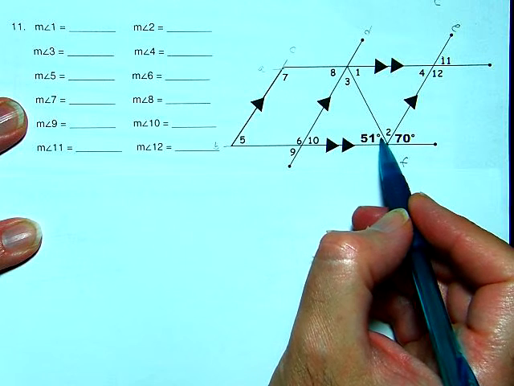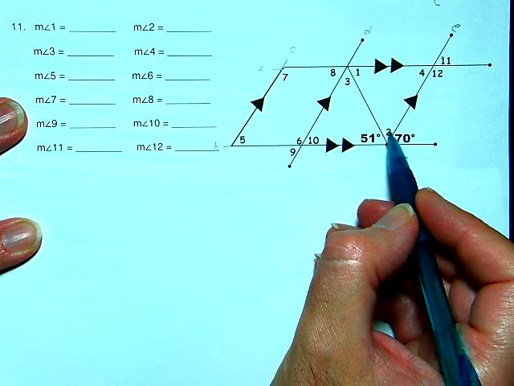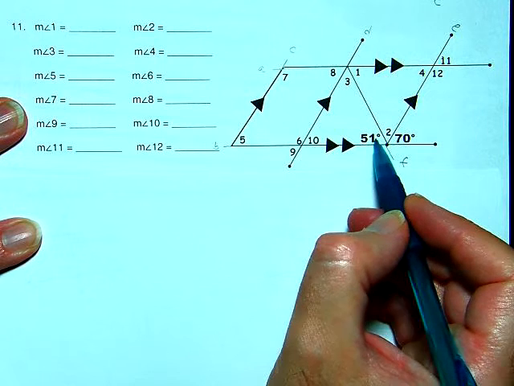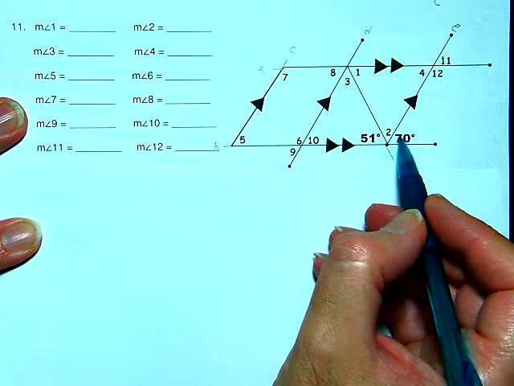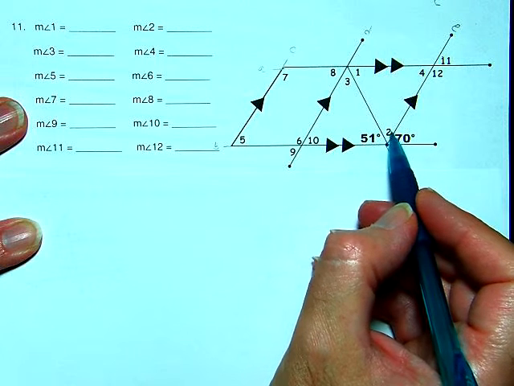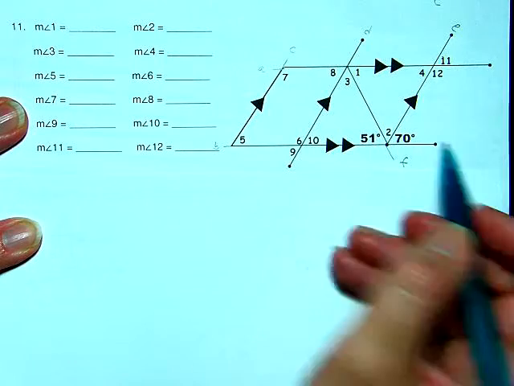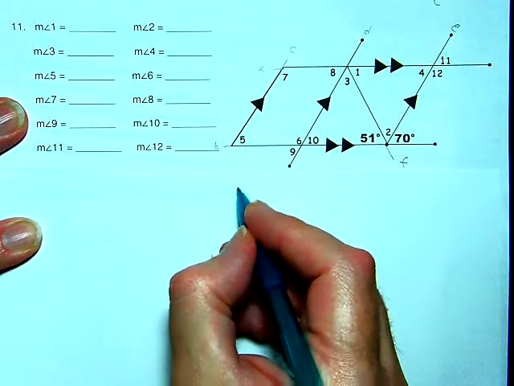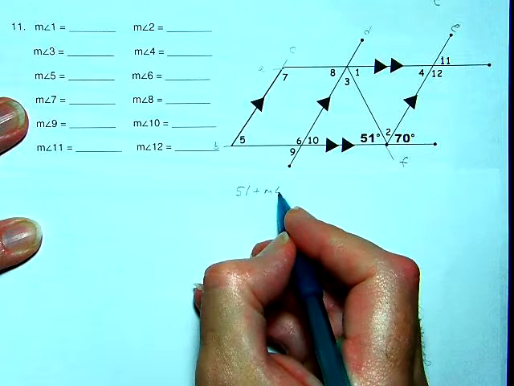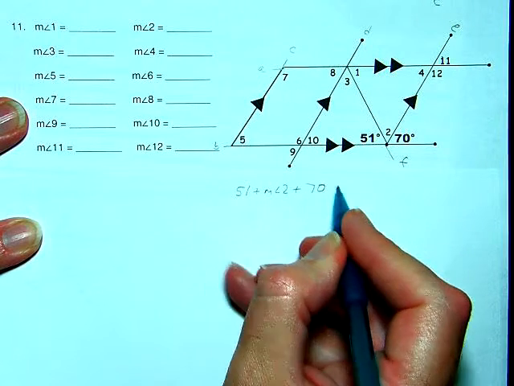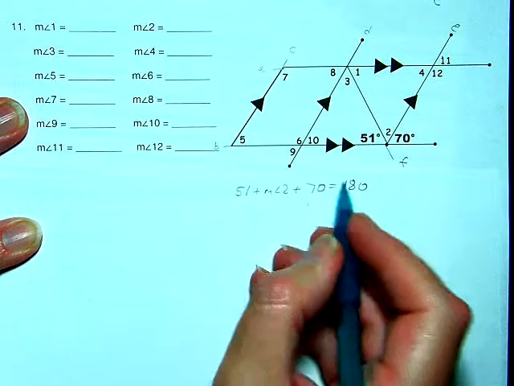The 51 degree angle, the angle 2, and the angle 70 make up 180 degrees, because the three of them added together make up a straight angle. So we can figure out the measure of angle 2 by using that relationship. So 51 plus the measure of angle 2 plus 70 all equal 180.